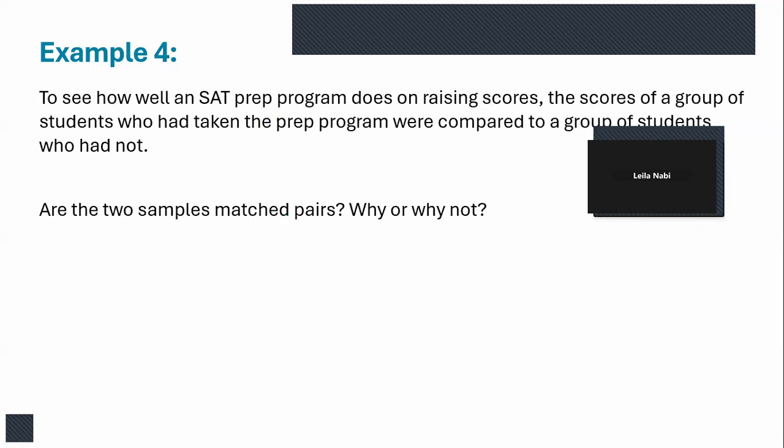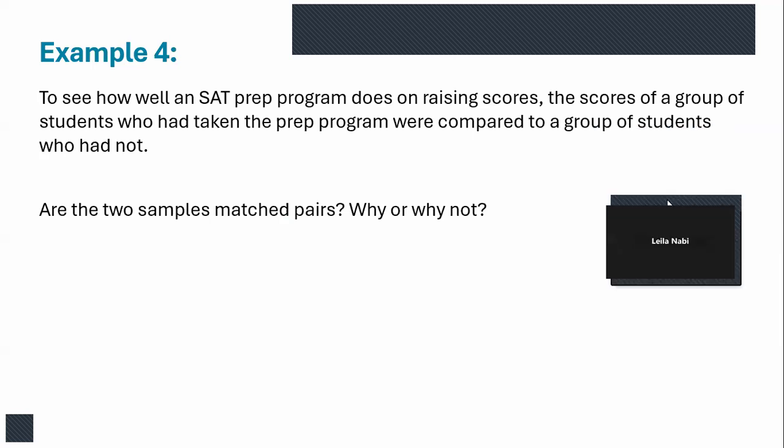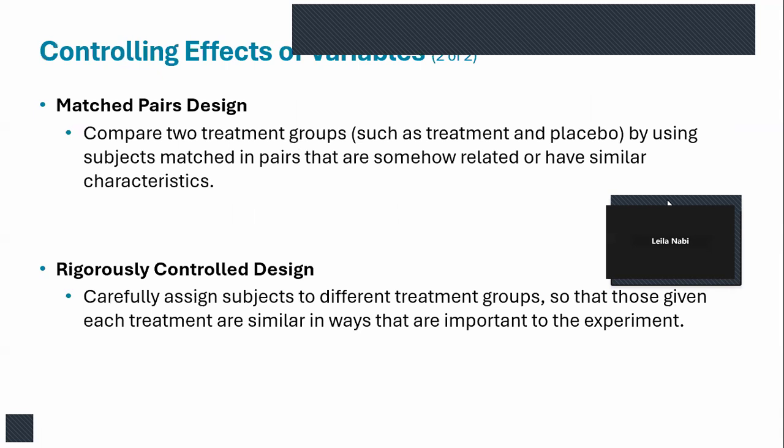We have an example. It says to see how well an SAT prep program does on raising a score, the scores of a group of students who had taken the prep program were compared to a group of students who had not. Are these two samples matched pair? Matched pair means the subjects must be somehow related or have a similar characteristic.